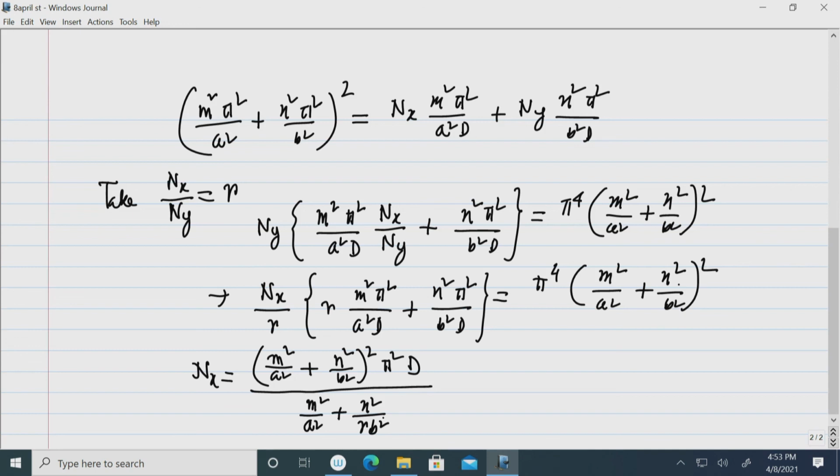Okay. So, this is the value of N_x in terms of load ratio. r is the load ratio and a by b will be the width ratio, the aspect ratio.